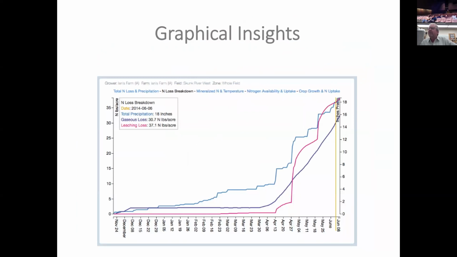There are also a lot of graphical insights provided, like how much loss there's been. In this case, we show the total precipitation as well as the gaseous and leaching losses. That can be extremely insightful for many users, and people become more aware of what the environmental loss potential is of different management approaches, like different timing and things like that.